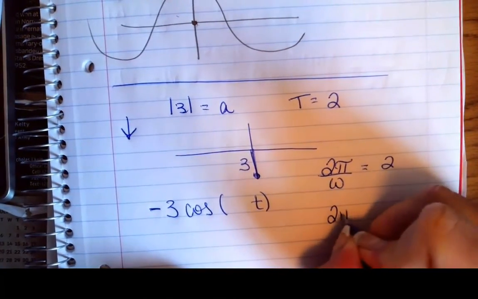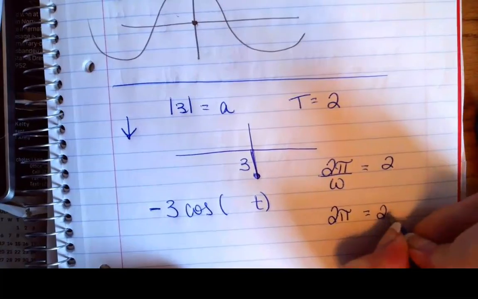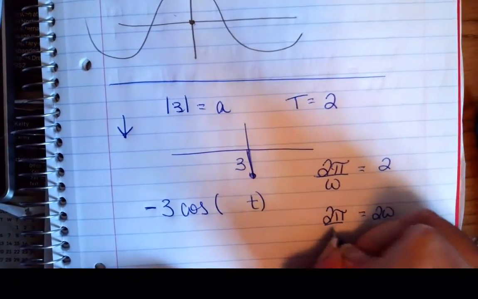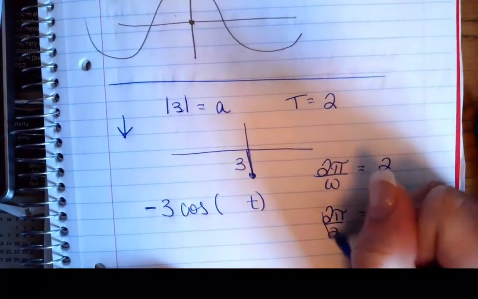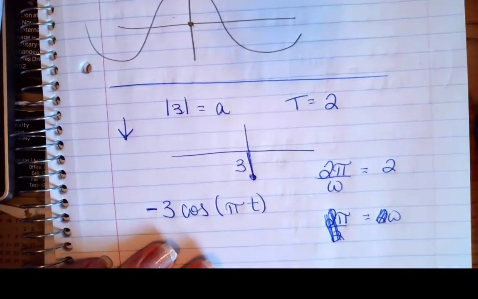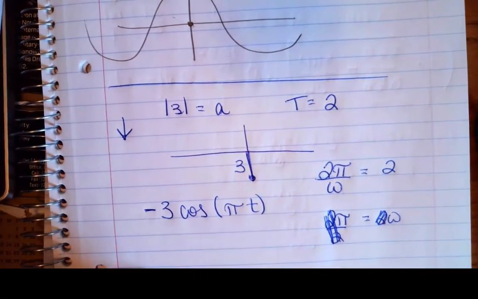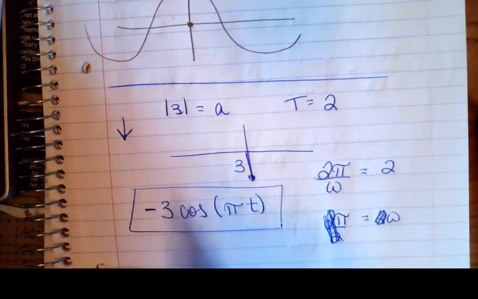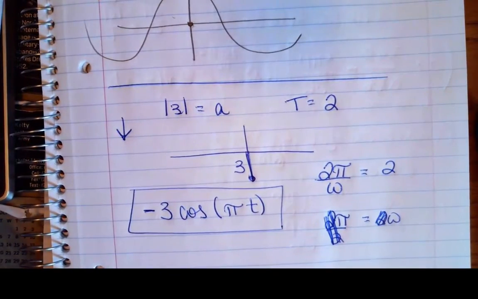So when I cross multiply, I get 2 pi equals 2 omega, and then divide both sides by 2. And so I end up with omega is pi. So you have now figured out your equation for your simple harmonic motion.